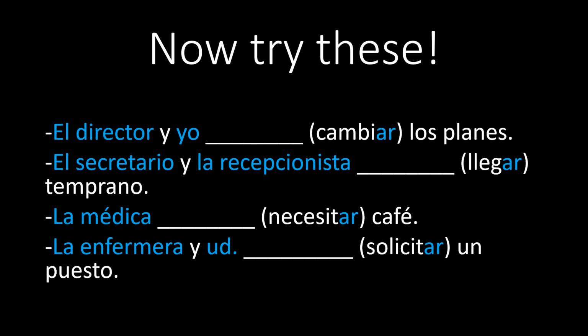So, el director y yo is the same as nosotros. Look at the verb. You know that you're supposed to take off the AR and replace it with amos. So it becomes el director y yo cambiamos los planes. Try the other three, see how you do, and then go to the next slide.